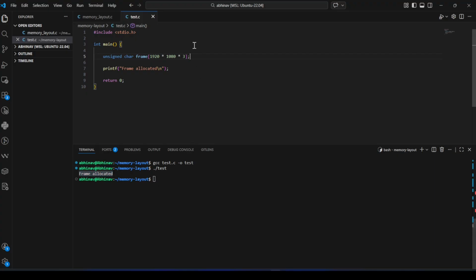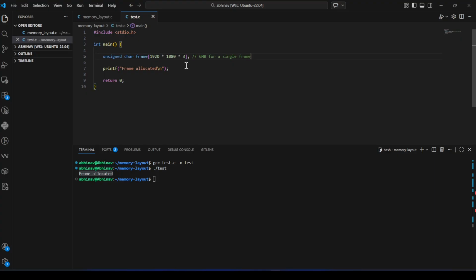Wow. So what we remember from the previous discussion, right? If we multiply this, it comes to around 6 MB for a single frame.